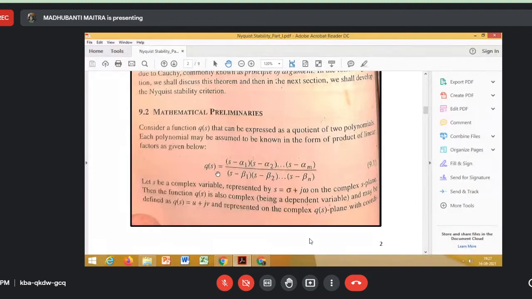Have you understood this? So we are assuming that the value of S that we are choosing is not equal to these alphas or these beta values, and Q(S) does exist. So if Q(S) does exist, then since S is a complex variable, Q(S) will also be complex and can be written as some U plus jV.